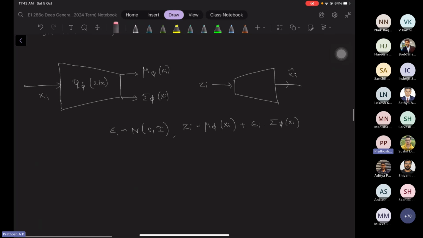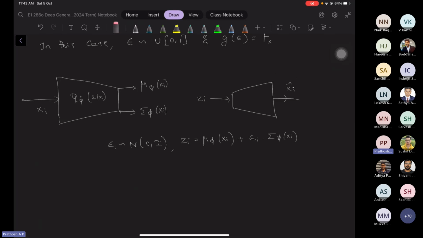We got mu and sigma, sampled an epsilon from standard normal 0, 1, and then got z i by reparameterizing. Is that all right? Do you note the difference now, before and after reparameterization? I hope that you got it.